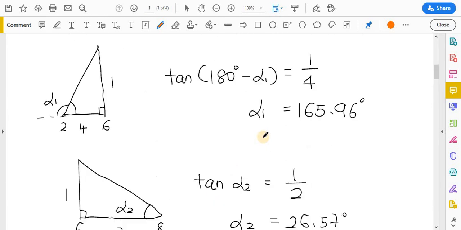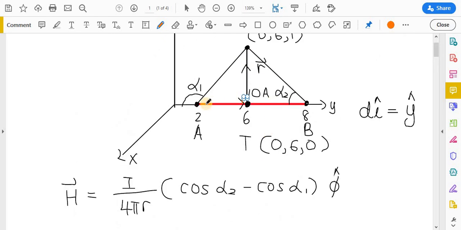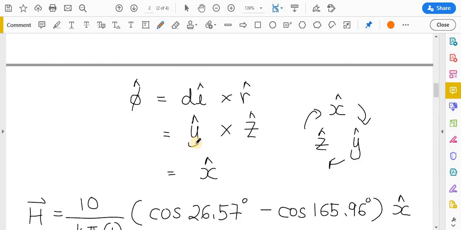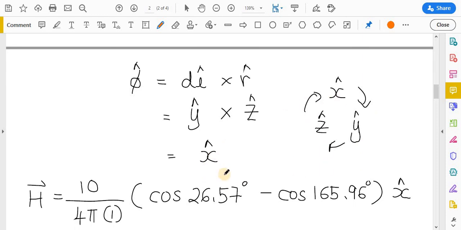The current flows in the positive Y direction, and your unit vector R is equivalent to Z. So you put Y cross product with Z. You might need this diagram to assist you. You put the X, Y, Z here. If Y cross product with Z, you are in the correct flow, so you will get the positive X direction.